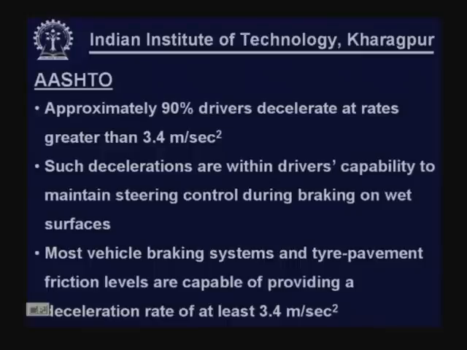So, even on wet surface, drivers can very well keep control on the movement of vehicle with deceleration 3.4 meter per second square. At the same time, most vehicle braking systems and tire pavement friction levels are capable of providing a deceleration rate of at least 3.4 meter per second square.